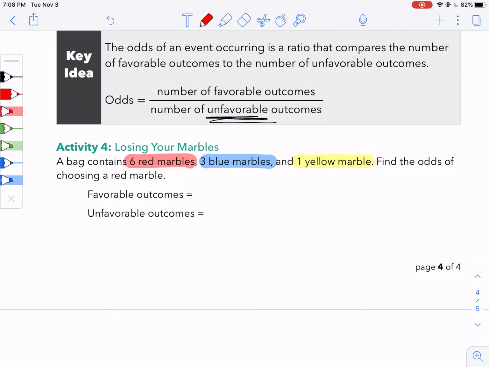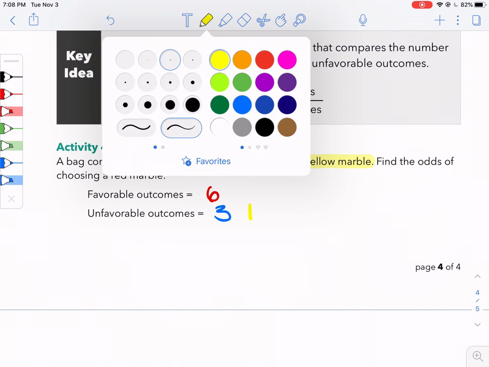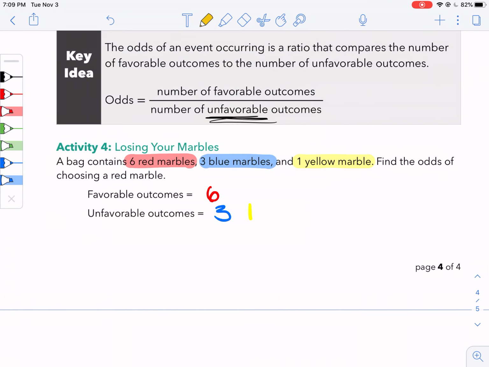Well, we have 6 red marbles. But we have 3 blue marbles plus 1 yellow marble, so the unfavorable outcomes is actually 4. So the odds here are 6 to 4. You have 6 to 4 odds of choosing a red marble.